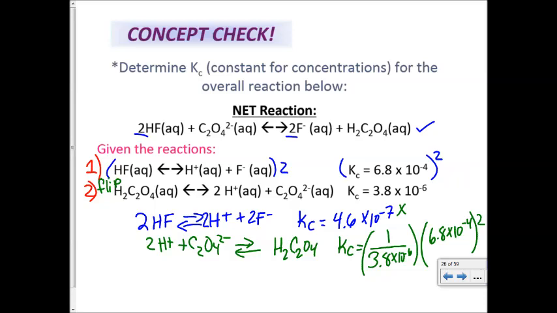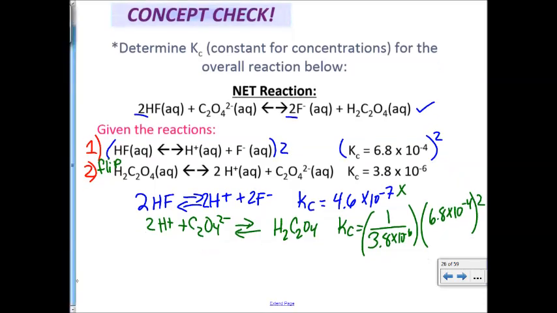So 1 divided by the 3.8 times 10 to the negative 6 times 6.8 times 10 to the negative 4 squared. So what do we end up with? What is our value here? Okay, for the overall, for this guy up here, it's going to be 0.1216, so I'm going to get 0.12.